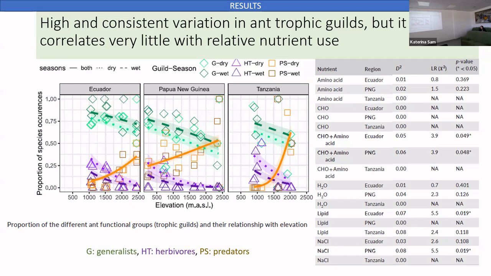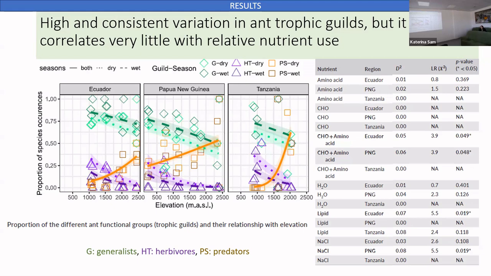But once we tried to correlate this, simply asking whether the sites which have the highest proportion of a guild explain the nutrient use, for example whether sites where predators dominate explain that lipids were used at high elevations in Ecuador, there were almost no effects.